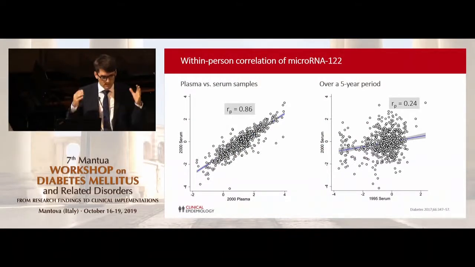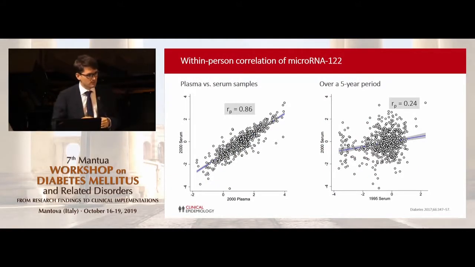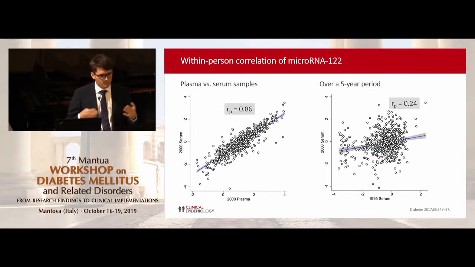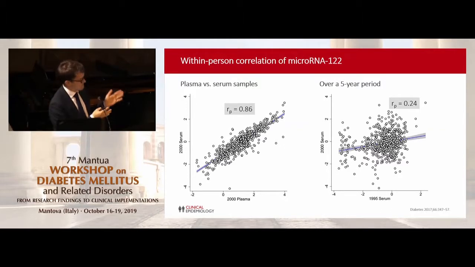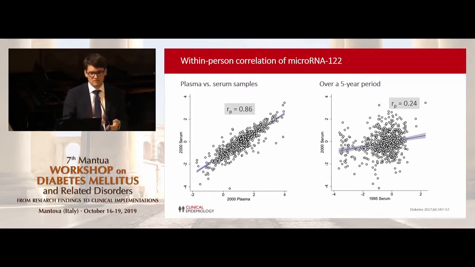So now let's focus on the correlation and correlates of microRNA 122. And first of all, this is just the first step in that analysis. We looked at the correlation and agreement of levels using different sample types. So you can see that there was a remarkably high correlation of the values in plasma and serum samples, with a partial correlation coefficient of 0.86.